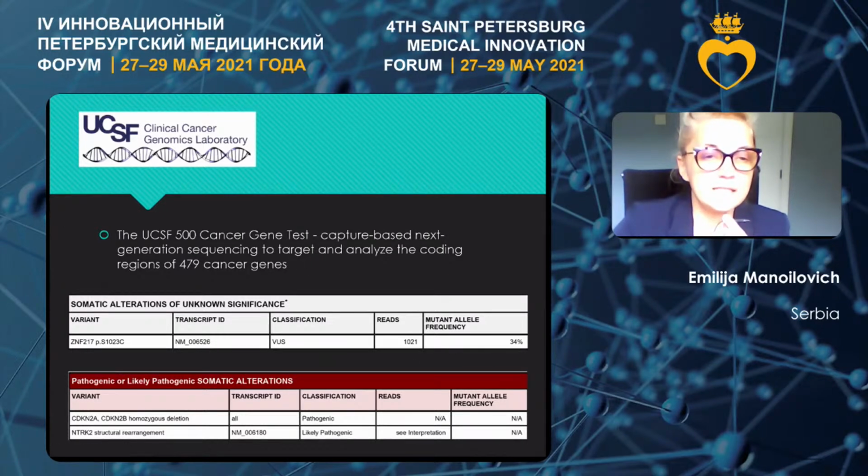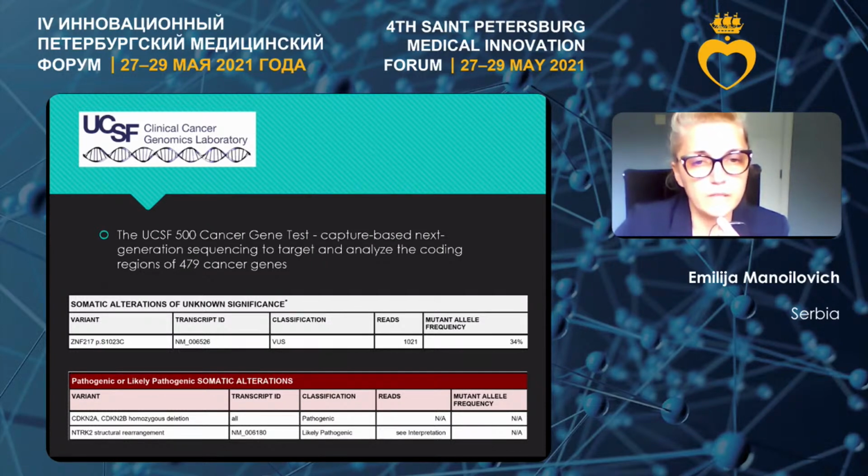First of all, this test revealed a very unique and peculiar mutation called ZNF217. The name of this mutation is not so important. It is important that this mutation was seen for the first time in any brain tumor.